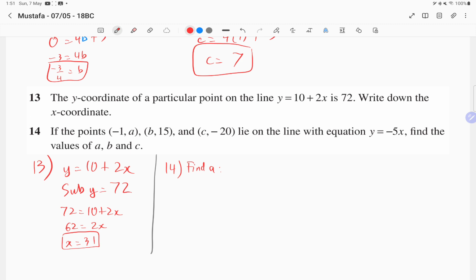So sub -1 for y. Sub x for a. No, what's the coordinate? Which one goes first? X. So -1. So sub x for -1.